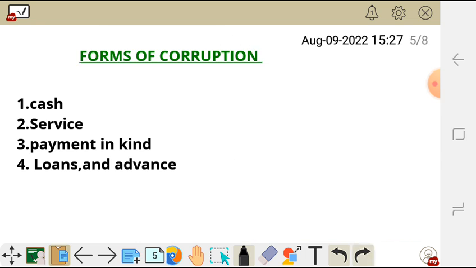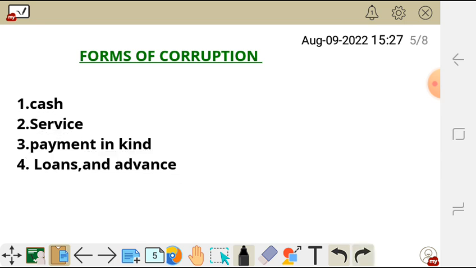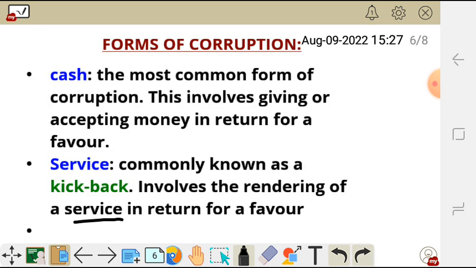Corruption can be in the form of cash, service, payment in kind, and loans and advances. In the form of cash, cash is the most common form of corruption, as we know in our societies.